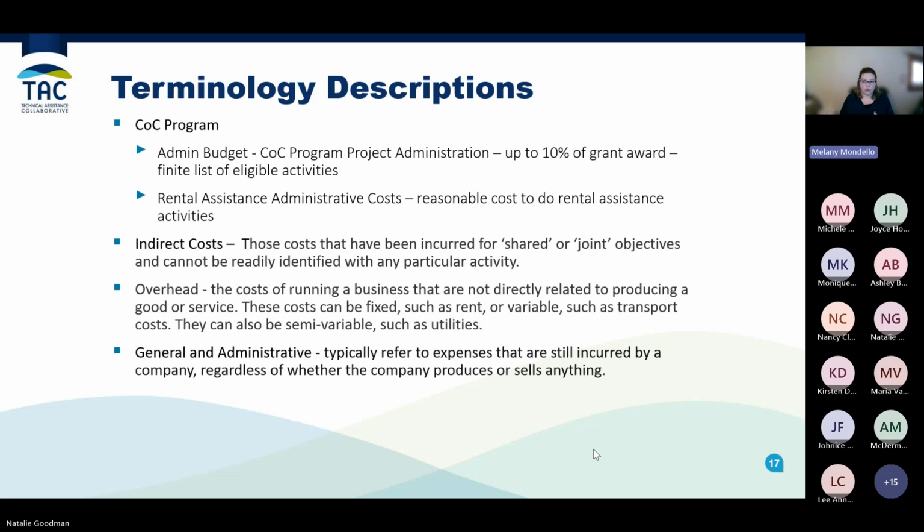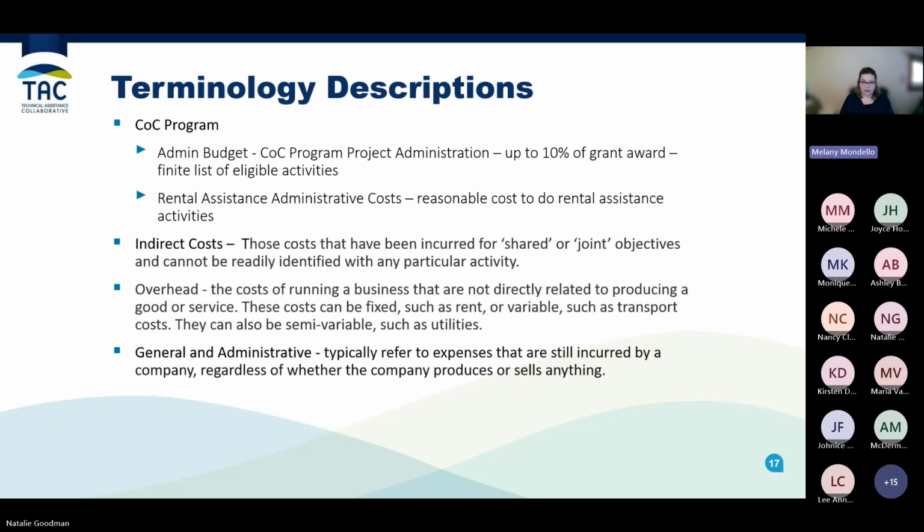And we're going to go through the details of what those are and what's allowable. In the CoC program, that can be up to 10% of your grant award. And it's a very finite list of eligible activities that HUD has defined in the CoC program interim rule.